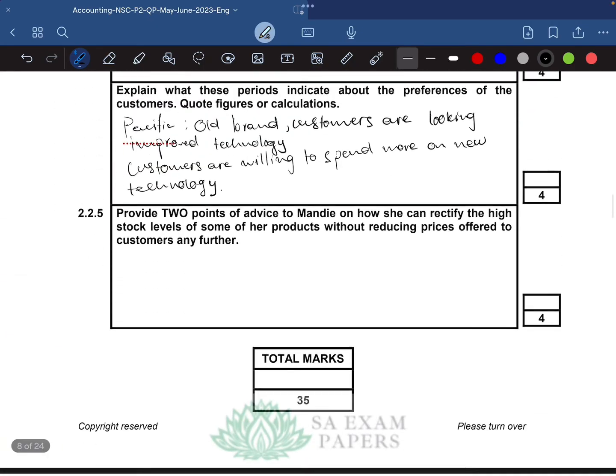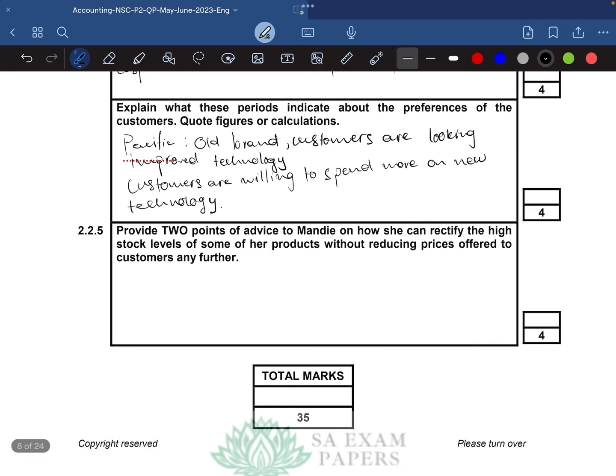And then 2.2.5, which is unfortunately the last question. It says provide 2 points of advice to Mandy on how she can rectify the high stock levels of some of her products without reducing prices offered to customers any further.